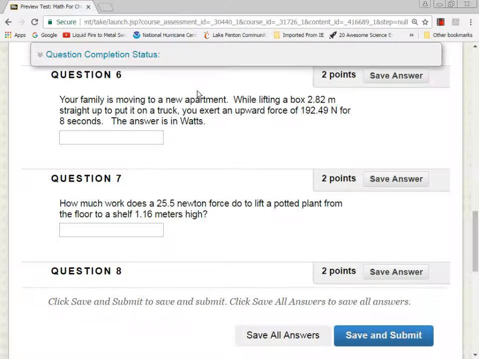And that's all you do. Well, lifting a box 2.82 meters straight up, you exert a force of 192.49 newtons for 8 seconds. It is force times distance over time.